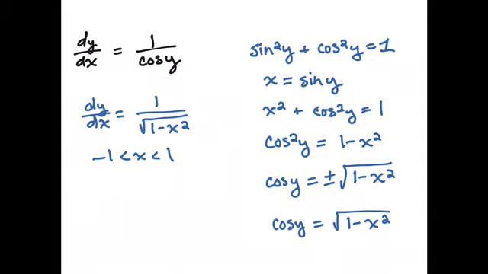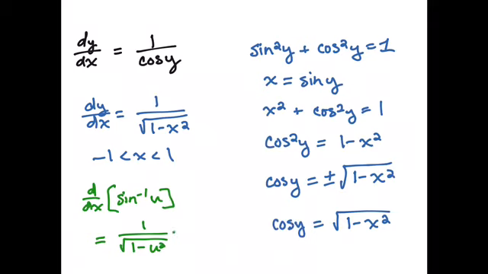So what we have here is that the derivative of sine inverse of u is equal to 1 over the square root of 1 minus u squared times u prime.